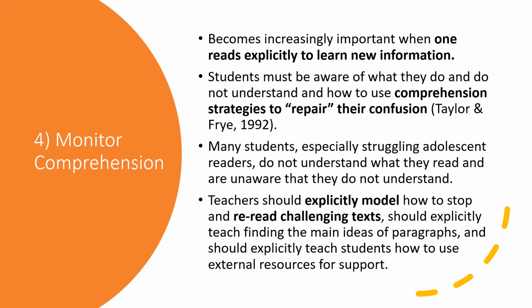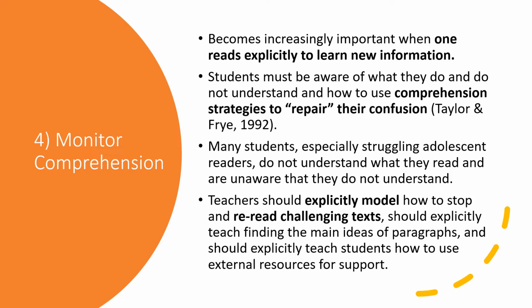The next one is monitoring comprehension. This becomes increasingly important when one reads explicitly to learn new information, like we do in most of our content areas. Students must be aware of what they do and do not understand and how to use comprehension strategies to repair their confusion.